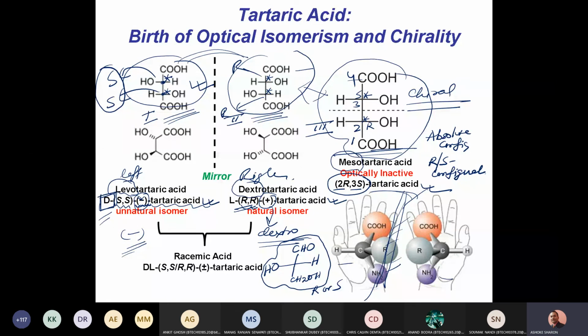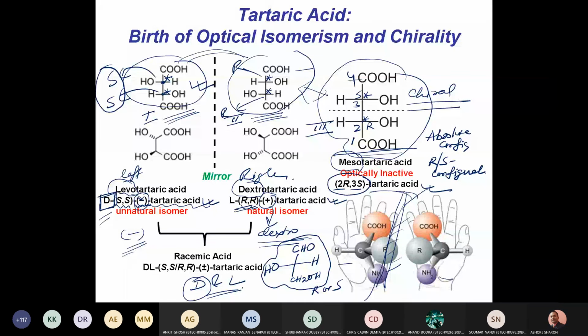So in the next class, we will discuss the RS configurations, and then how we can assign D and L configuration also. So can you tell me, is this D not dextro or L not levo?